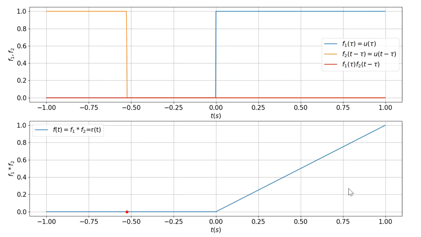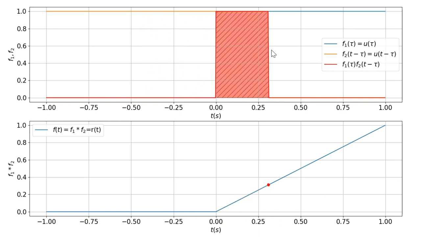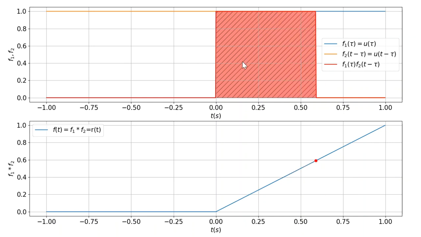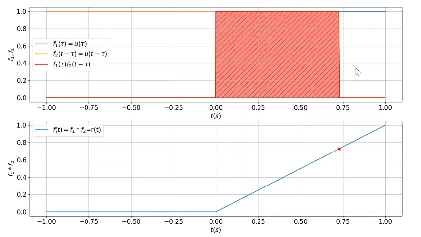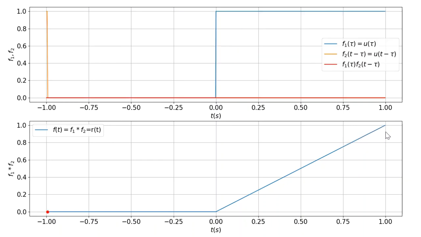And we can see that as time is moving forward, that orange step is moving from left to right. And there's our overlap. And I'm integrating up to this point. Always integrating up, and that area is increasing linearly with time, and you can see that, right? Then it goes again.